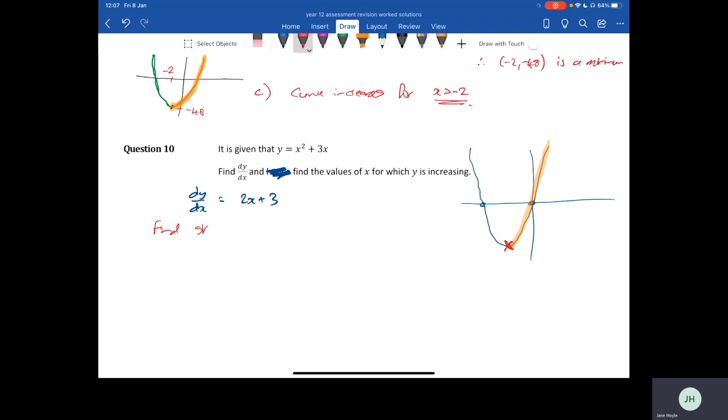So find the stationary point. And of course, we do that by setting 2x plus 3 equal to 0. x is equal to -3/2. So that point there is our -3/2. So I can say that y increases for x greater than -3/2.